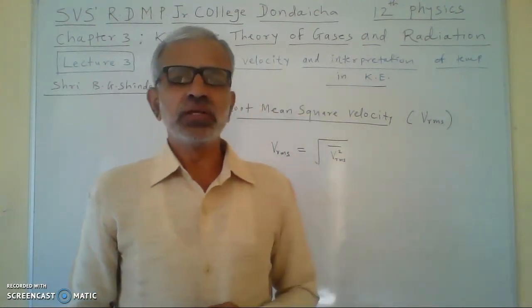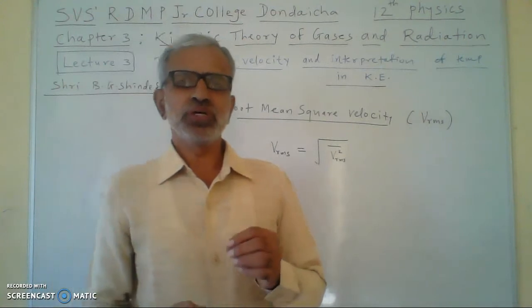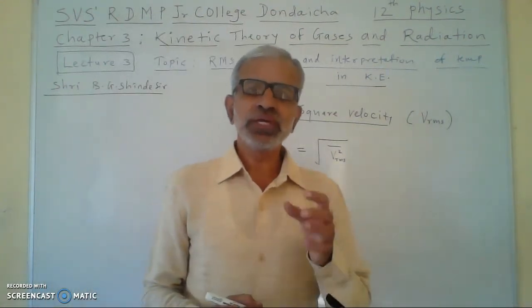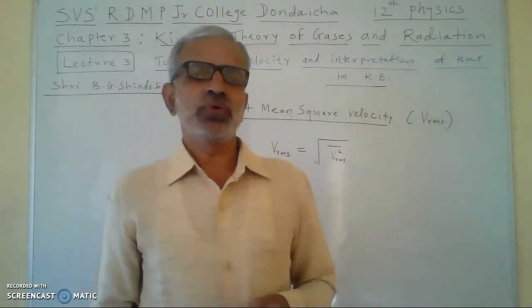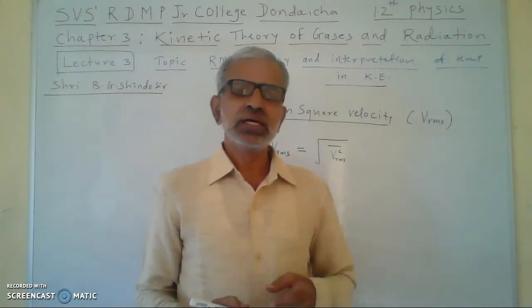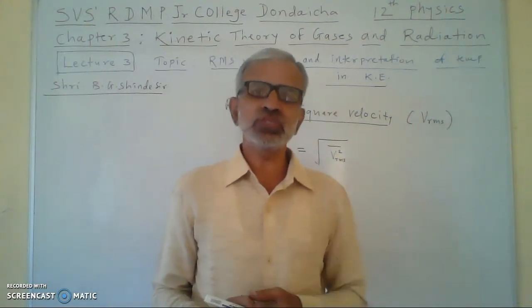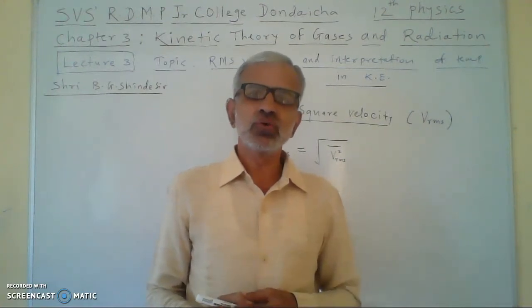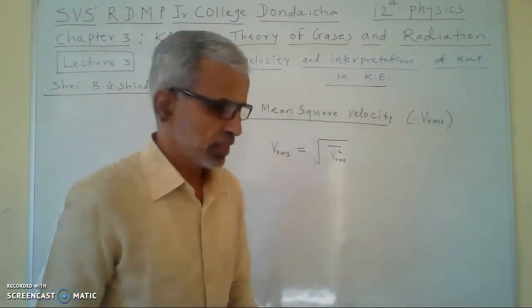The square root of the mean value of the squares of the velocities of the molecules of the gas is called the root mean square velocity. This is the definition, the meaning of the root mean square velocity.